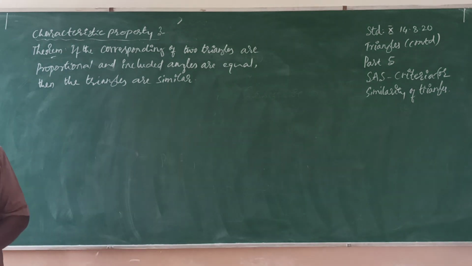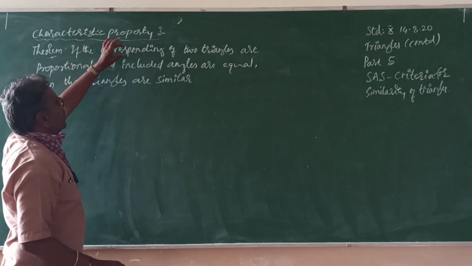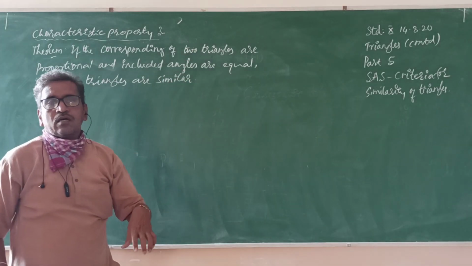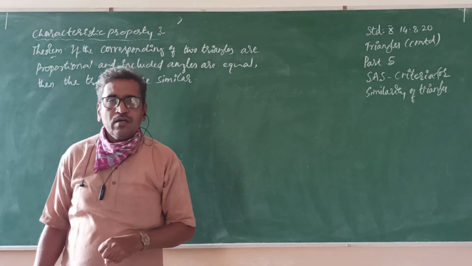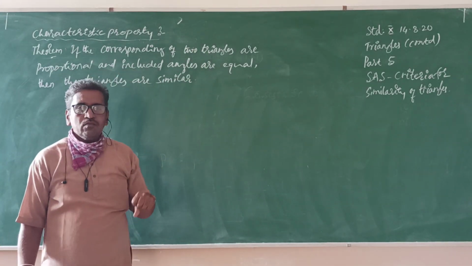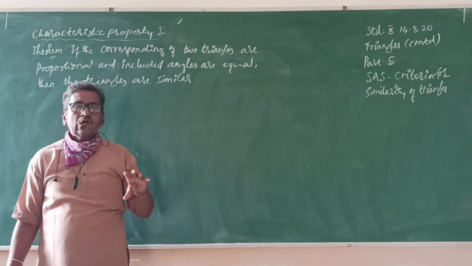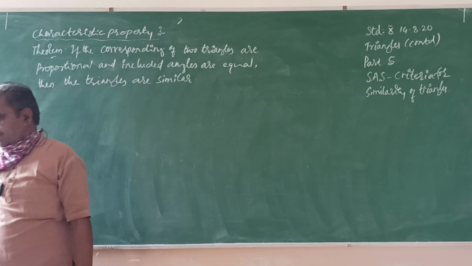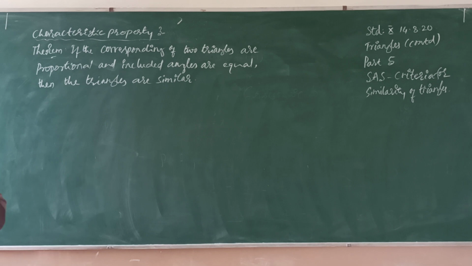So with the help of the statement, if the corresponding sides of two triangles are proportional, this is the data given. According to that data, we are going to draw a rough figure.